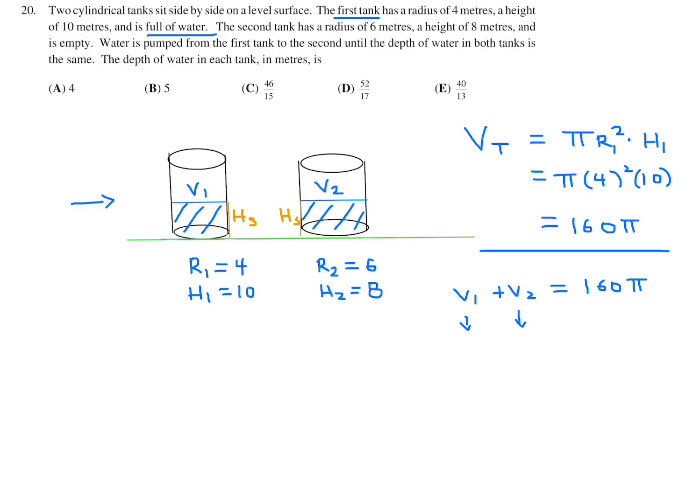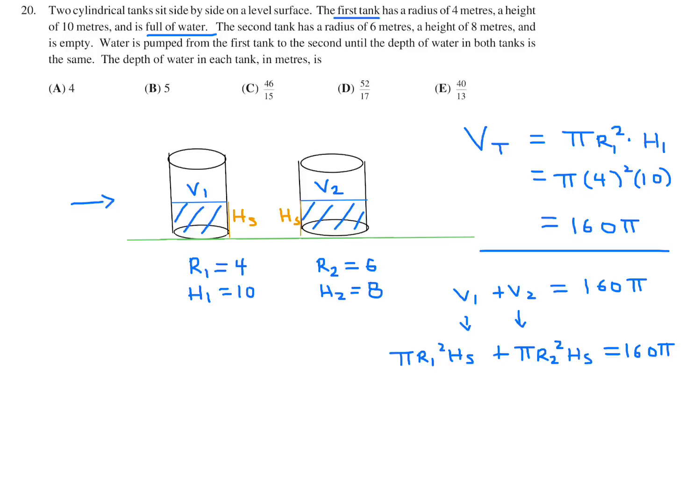So let's just use our standard formula. Pi R1 squared times height, but height in this case is HS, right? And then the second one, pi R2 squared HS, is 160 pi. Okay? So no mistake so far, hopefully.